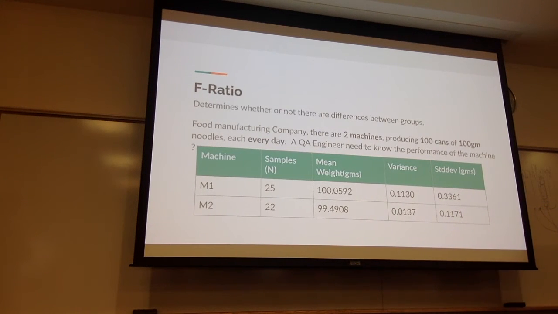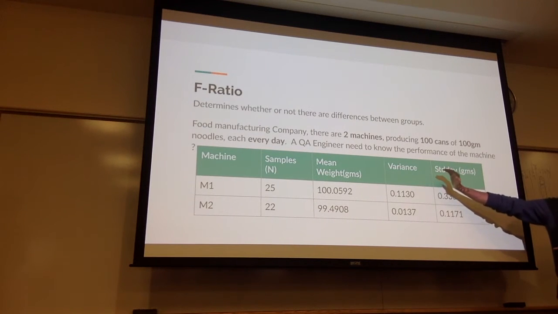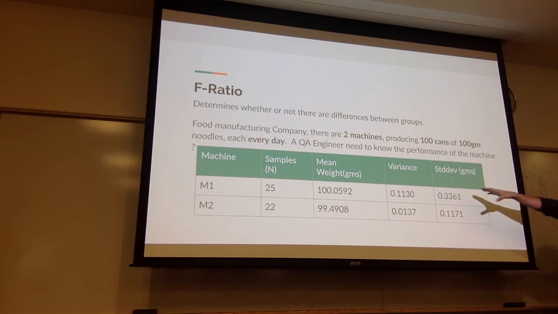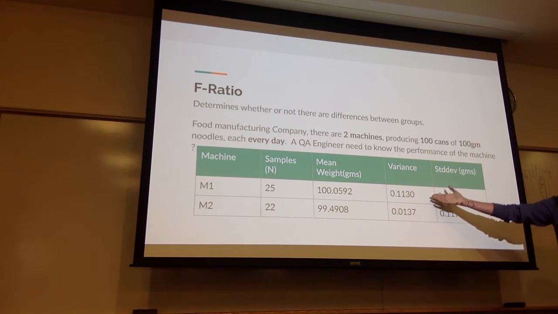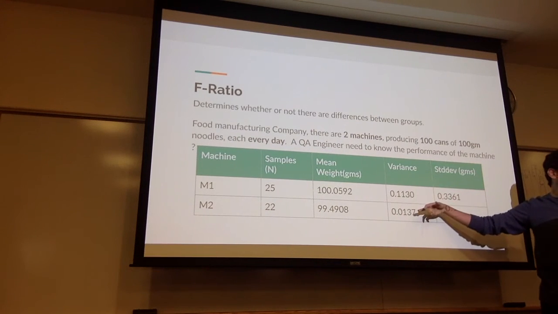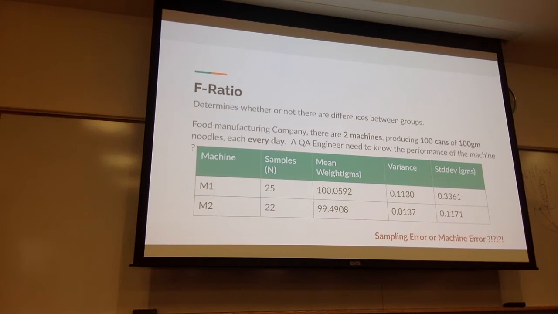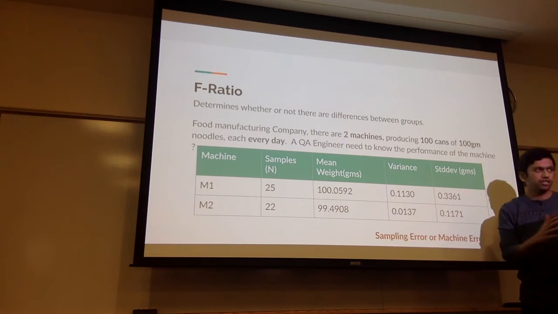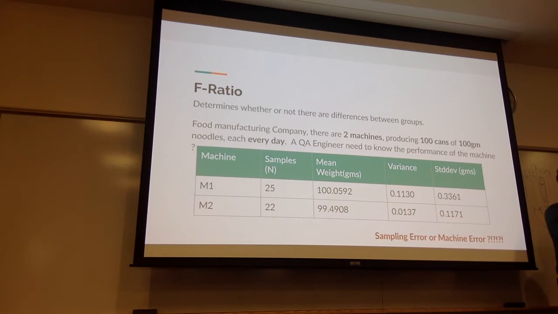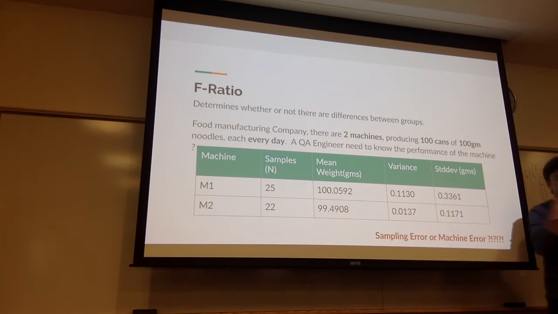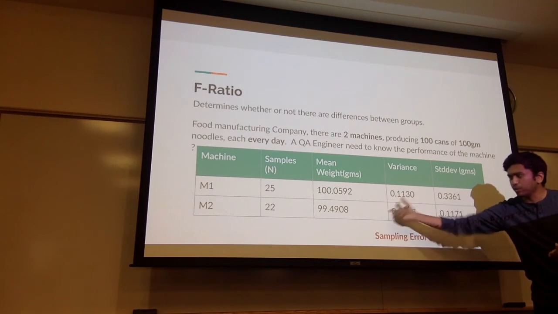Now, can you guys tell me what errors you can see from here? One common error is a change in variance. There is actually one more error, the sampling error. The change in variance means the machine is not performing well. The machine is not placing the packets properly, or it's placing more in M1 and less in M2.